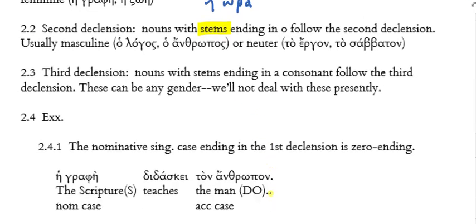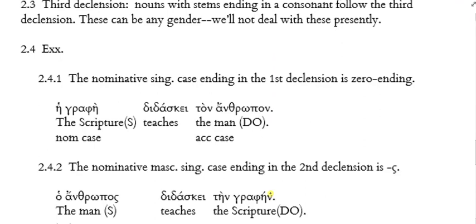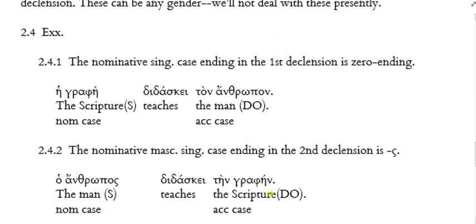So let's take a look at some examples in our sentences here. 241. The nominative singular case ending in the first declension is zero ending. Now, who remembers what gender first declension nouns usually are? Feminine. And what do those stems usually end with?